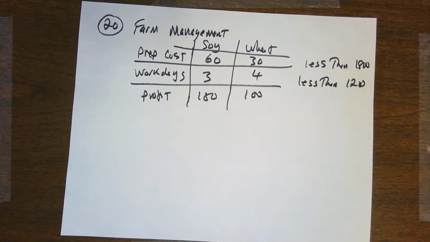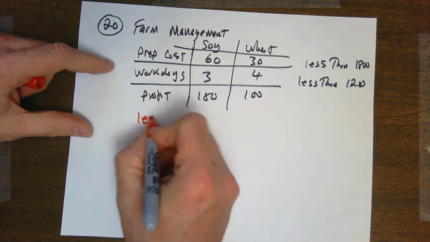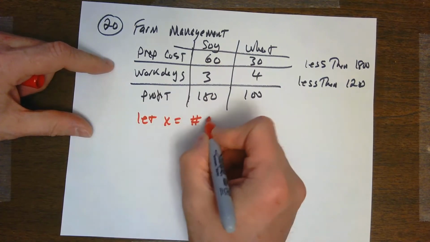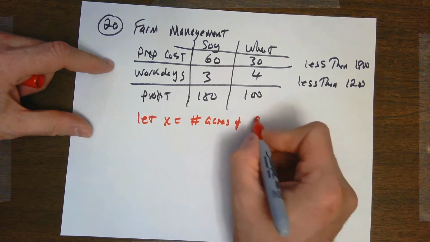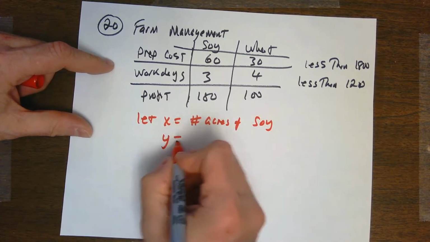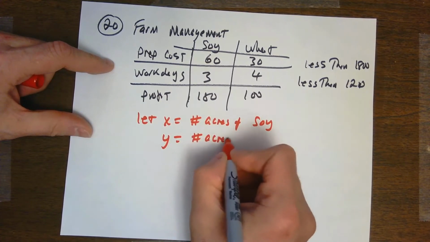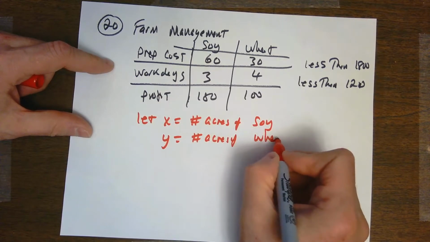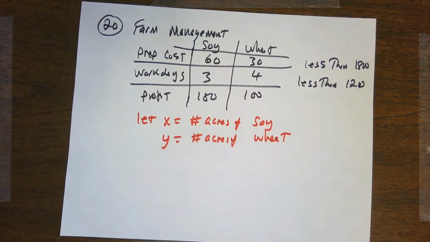The profit is going to become part of the objective function in a moment. So what are the variables here? Well, the question asked, how many acres of each must he plant? So I'm going to say, let x equal the number of acres of soybeans and y equal the number of acres of wheat.